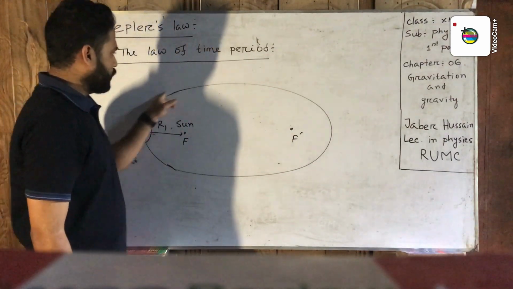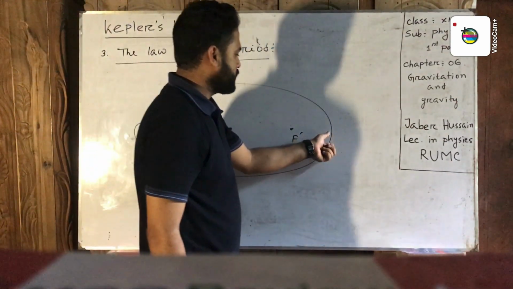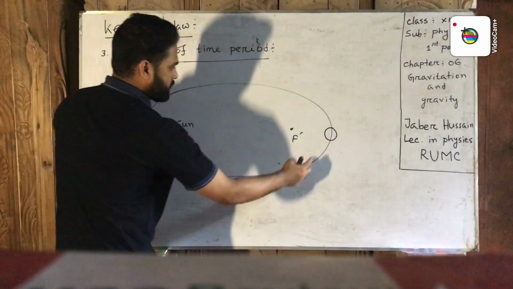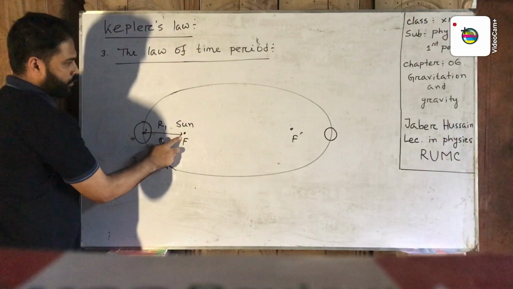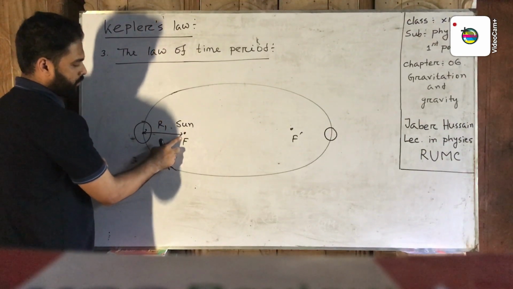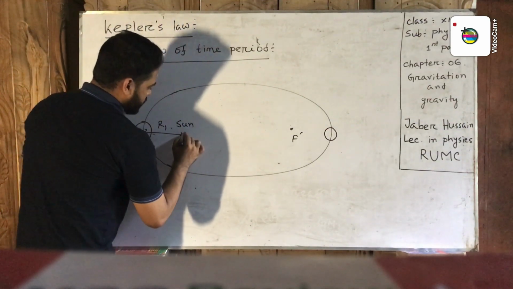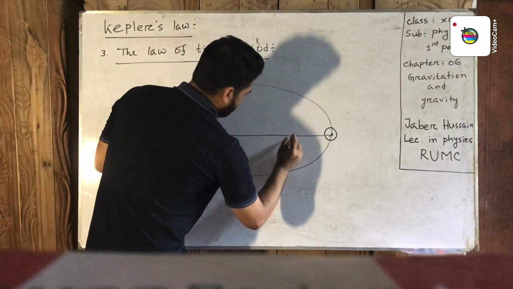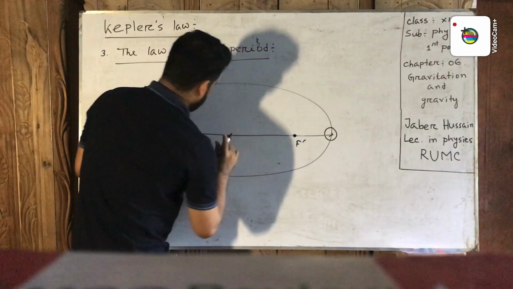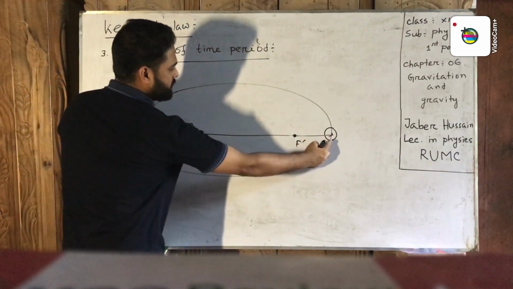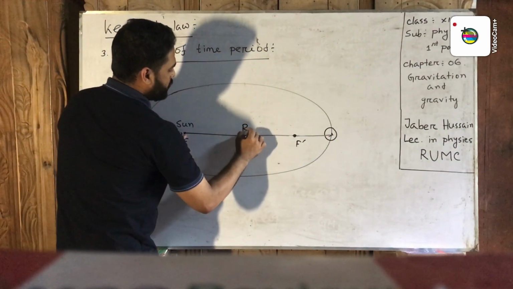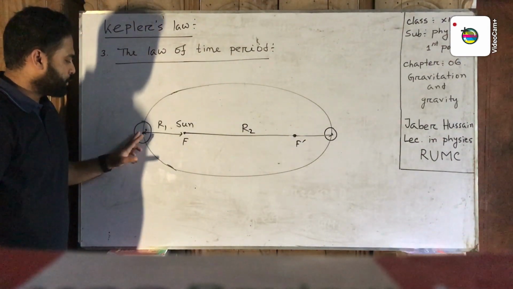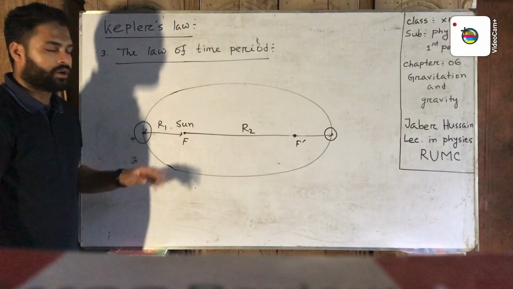When the planet reaches this other point, the distance between planet and sun will be maximum. Let us consider the maximum distance will be r2. That means the distance between planet and sun is not equal.